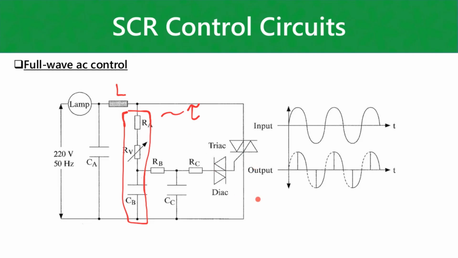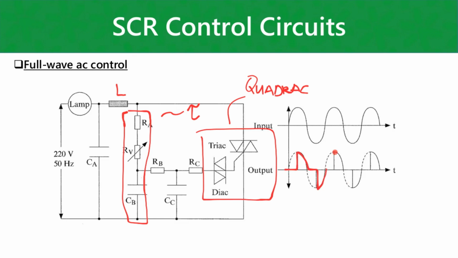Essentially the triac and diac combination here is what we would call a quadrac. And again, the waveform output is going to look something like that.